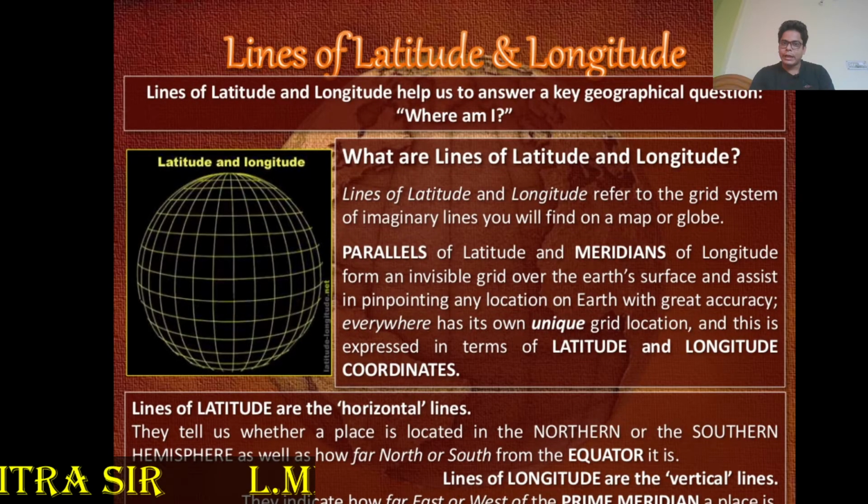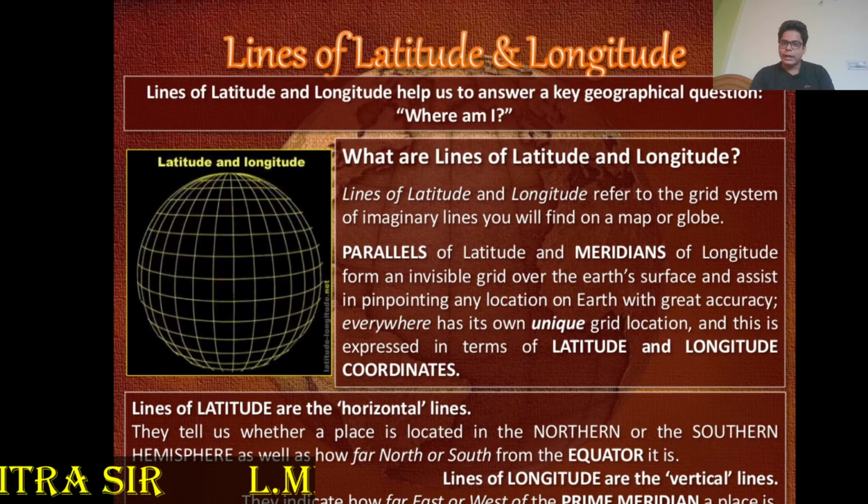Next we discuss the meridians, or the prime meridian, which is 0 degree. It is also an imaginary line which passes through Greenwich. On the basis of the prime meridian, we can divide the Earth into the eastern hemisphere and the western hemisphere.